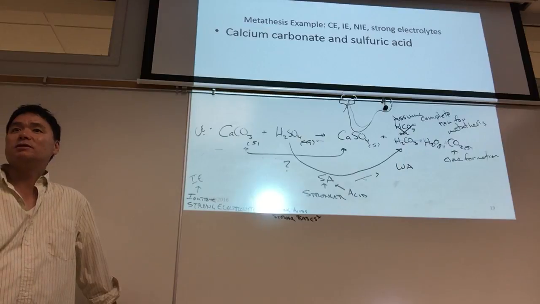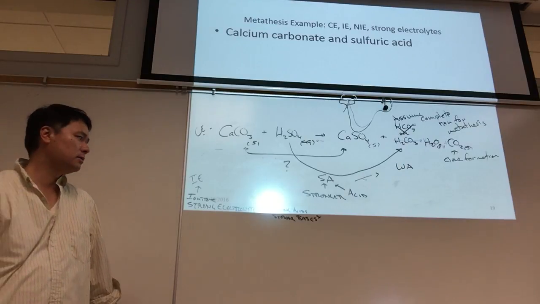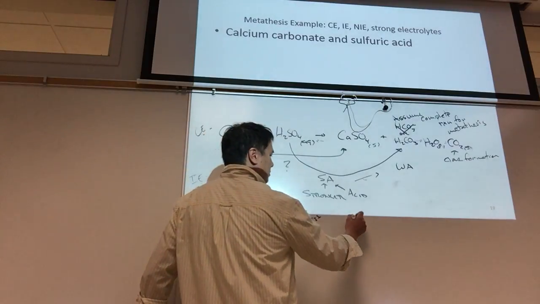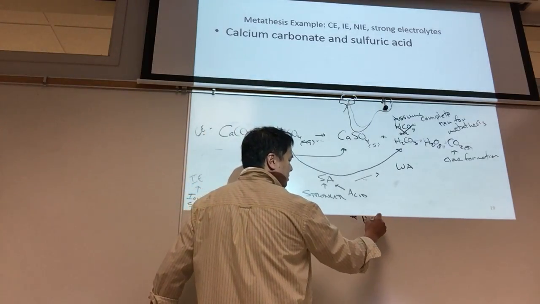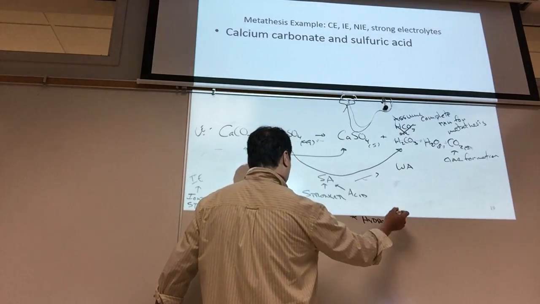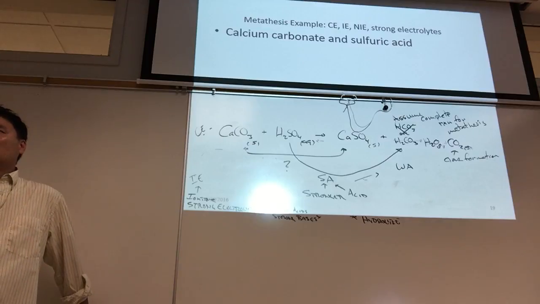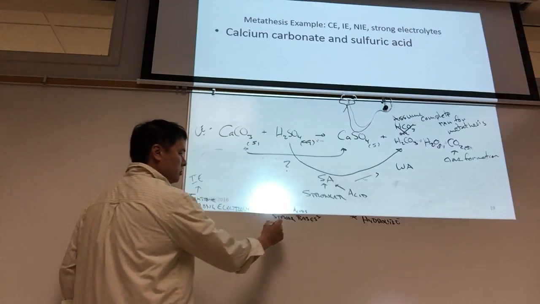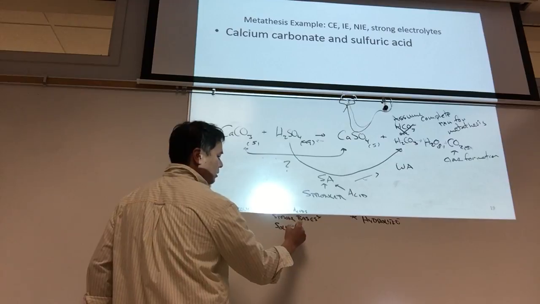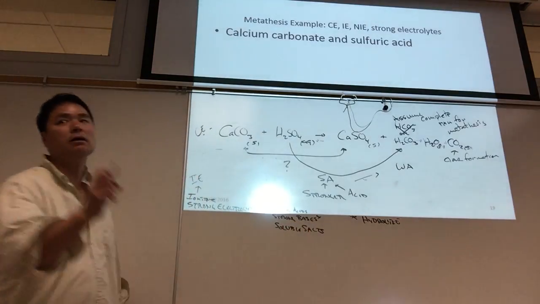What do we do with strong bases? We hydrolyze. So let's put a little note here. Hydrolyze, don't ionize. And one more, the soluble salts. Salts are just ionic compounds that aren't acids.